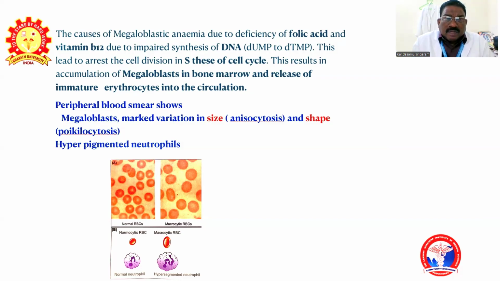This results in accumulation of megaloblasts in bone marrow and release of immature erythrocytes into the circulation. The peripheral smear shows megaloblasts, marked variation in size, that is anisocytosis, and shape, poikilocytosis. And there will be hypersegmented neutrophils.